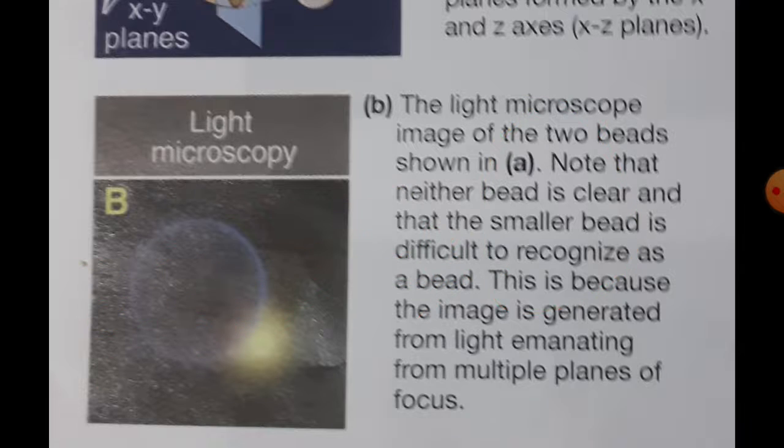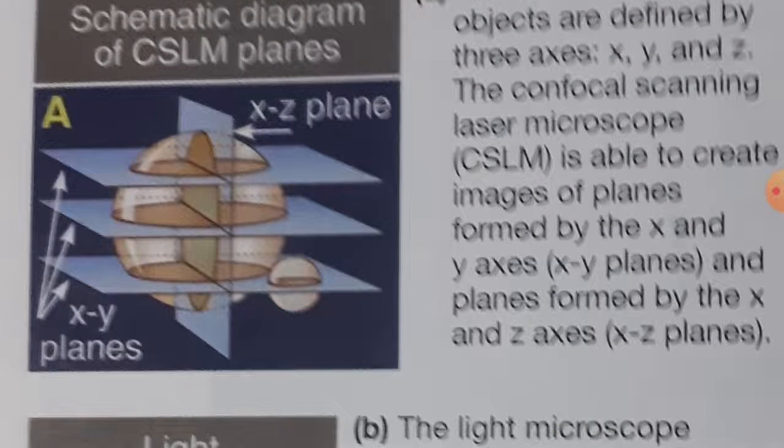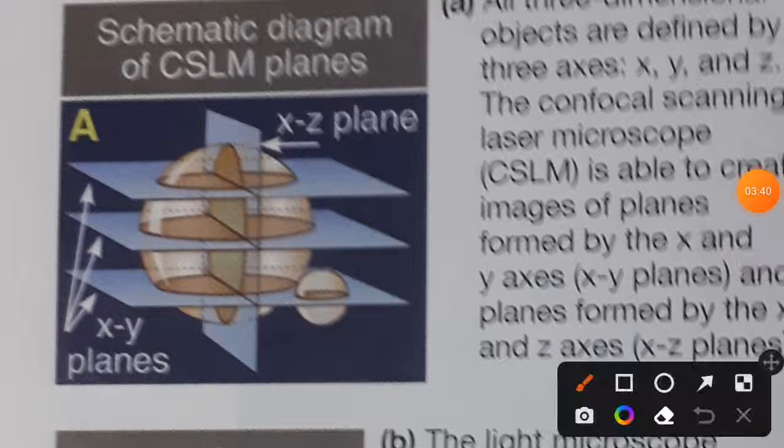Now our confocal microscope will allow only one light from each plane. And remember this very carefully: this light is coming from the plane of focus of the specimen. It is not coming from the parts of the specimen which lie above or below the plane of focus.